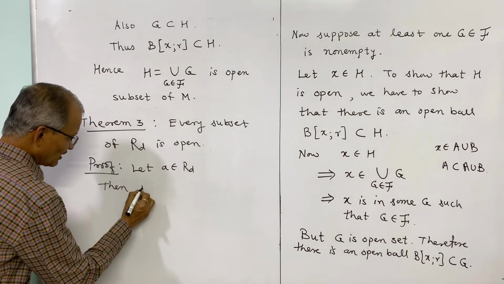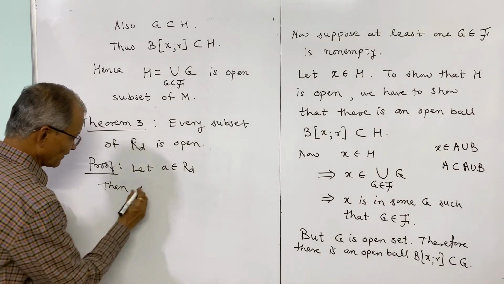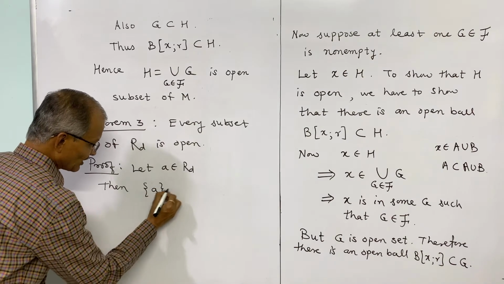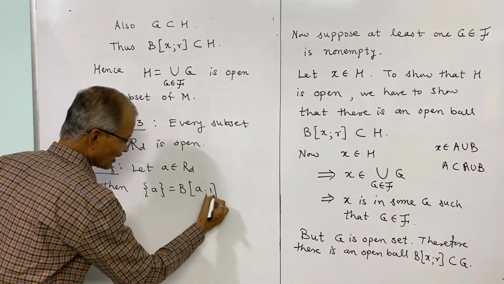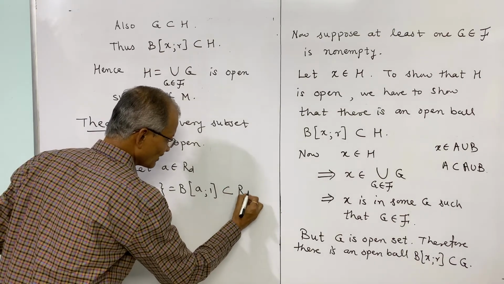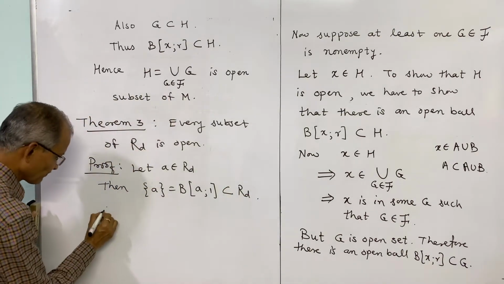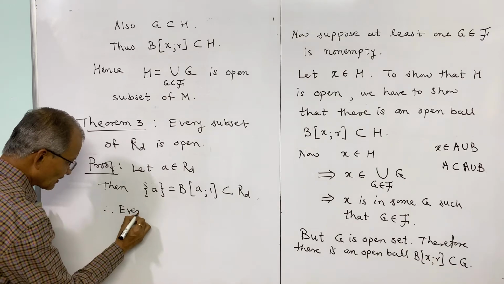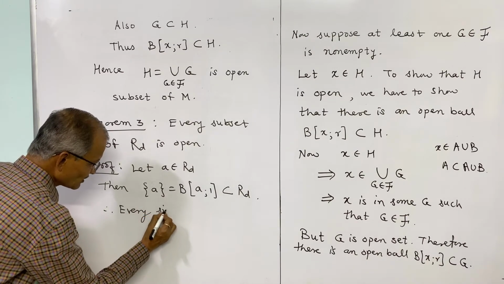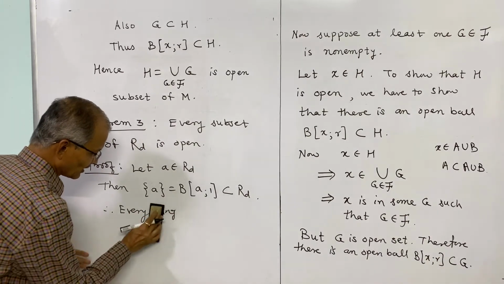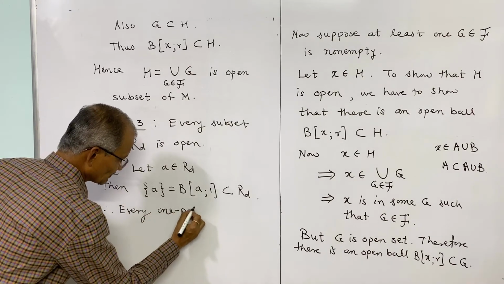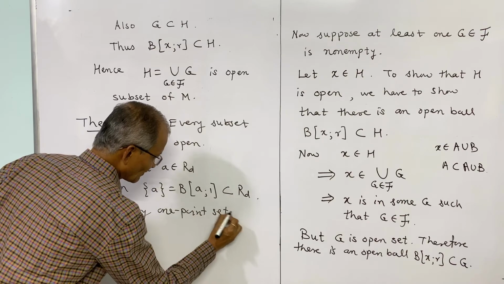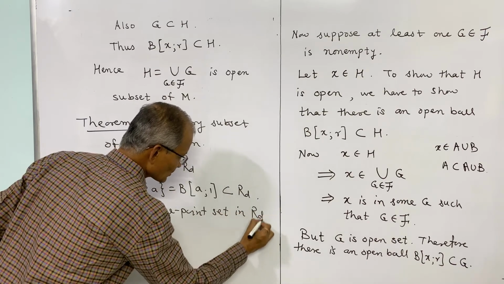We have already considered the singleton set {a}, which can be expressed as an open ball around a of radius 1, and that is contained in R^d, and therefore this is open. Therefore, every singleton set or one point set in R^d is open.